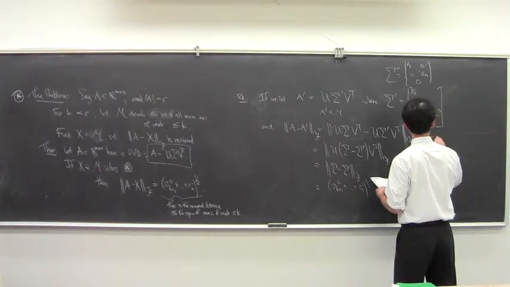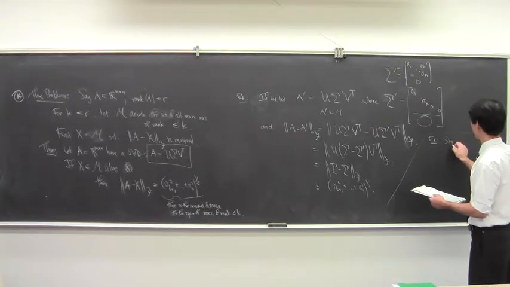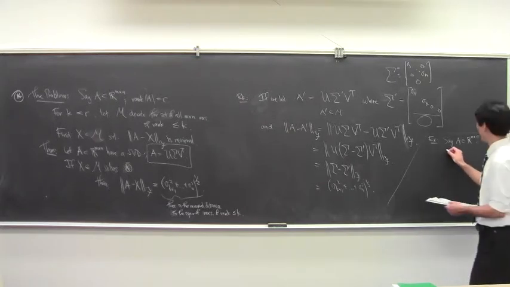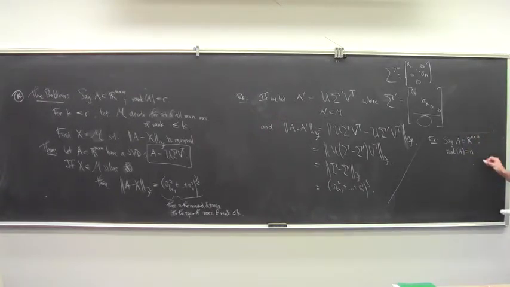Here's an exercise, something to think about. Say A is square, and the rank of A is n. So it's invertible.